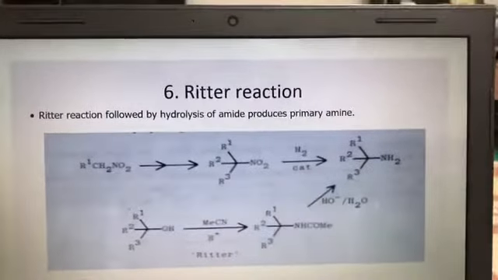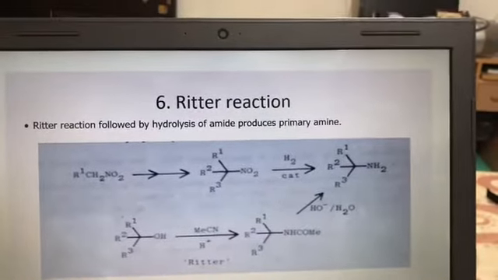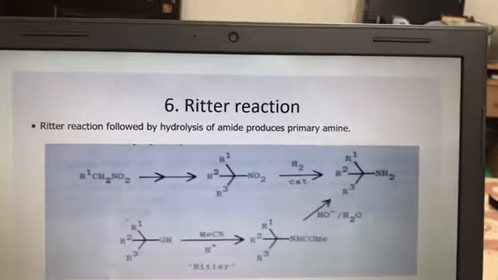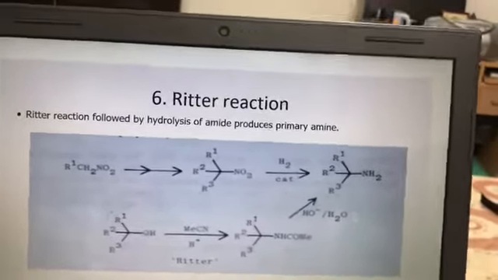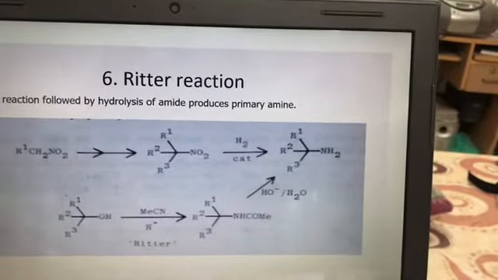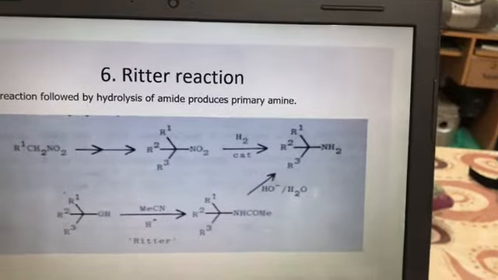Now from the Ritter reaction: hydrolysis of the amide gives a primary amine upon using the Ritter reaction. The Ritter reaction gives us an alkylated amine from a nitrile.